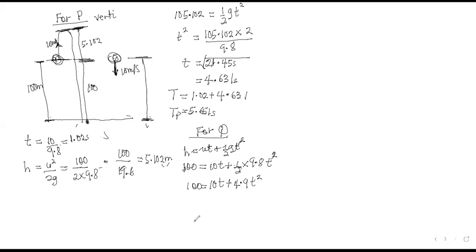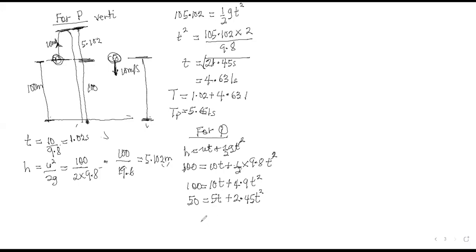So this is what we will have. If we divide through by 2, we have 50 is equal to 5T plus 4.9 divided by 2, which is 2.45 T squared.